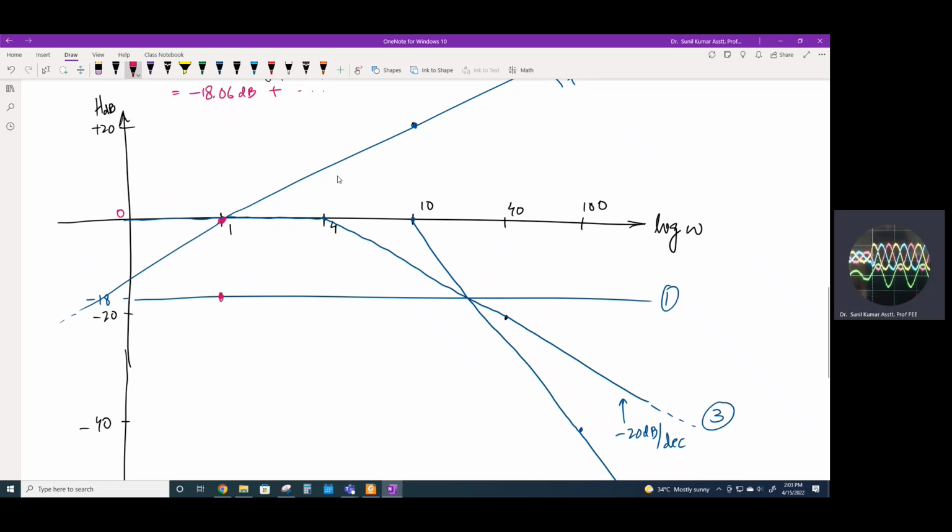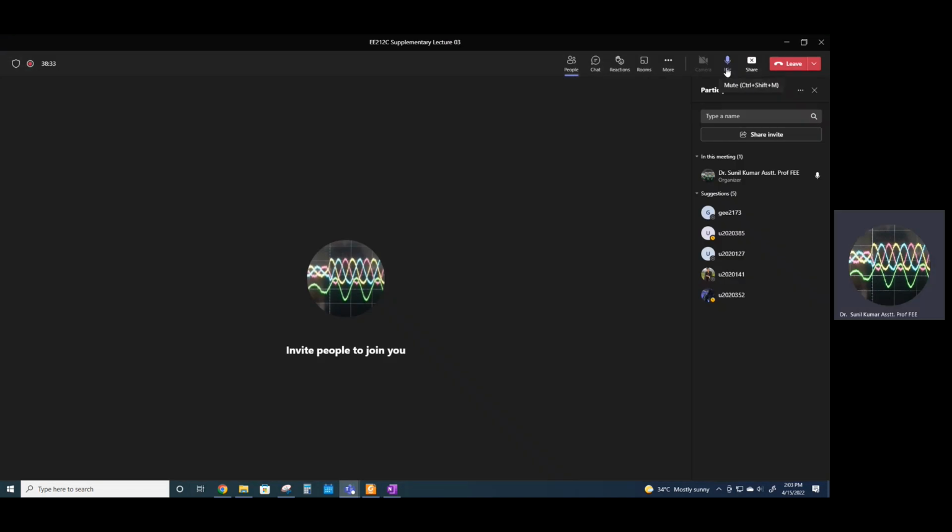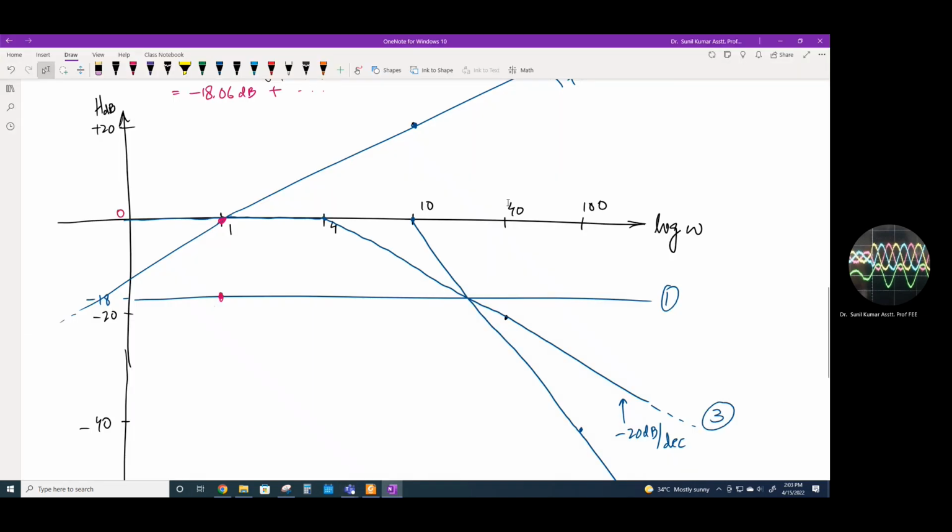So we can draw a parallel line to this line number 2. Okay, so we will be having a line which is parallel to this line number 2.